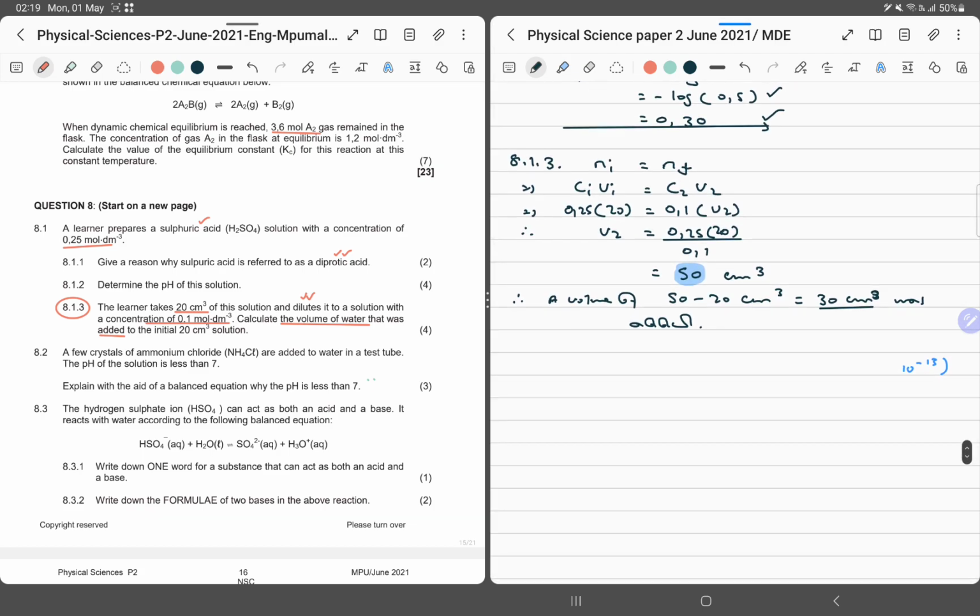All right, so let's do 8.2. I'm using the same canvas as I was using for other questions. So you see, it's making me look crazy now because my script is dirty.